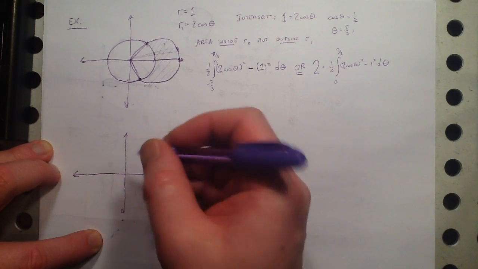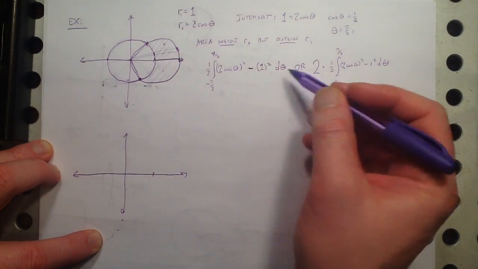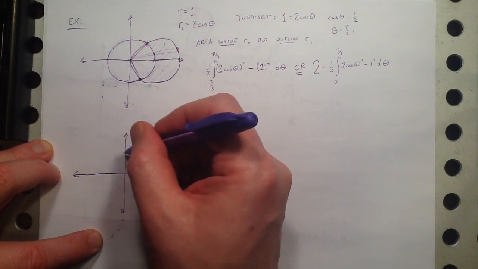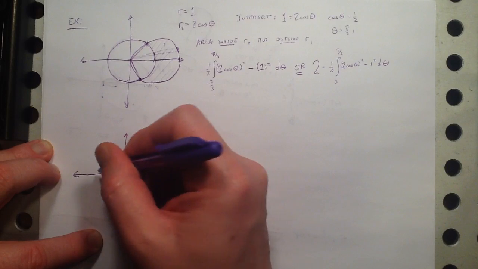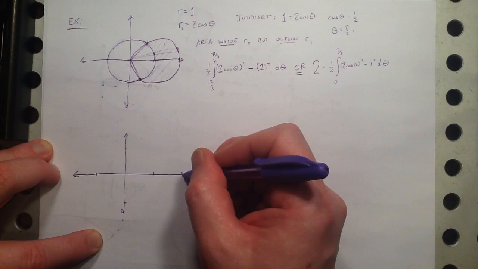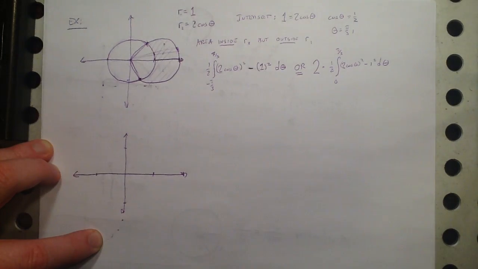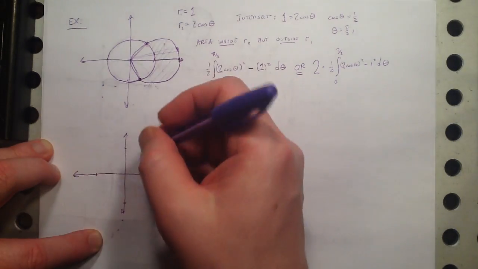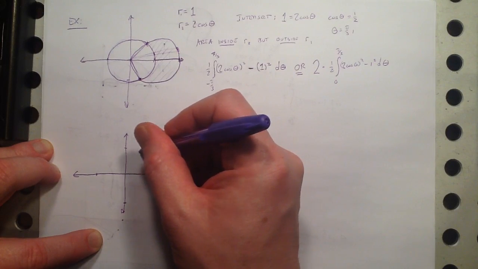Quick question about that. Would you have to be in polar mode to evaluate this with your calculator? What do you think the answer to that is? You think about it while I'm drawing this. I'm just going to redraw.